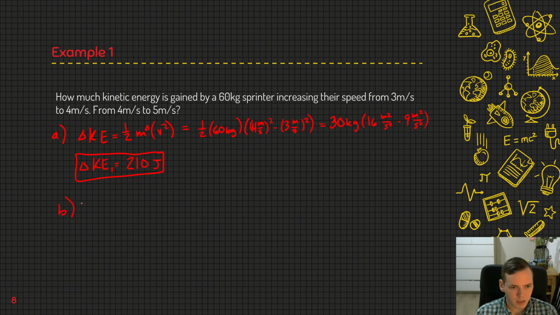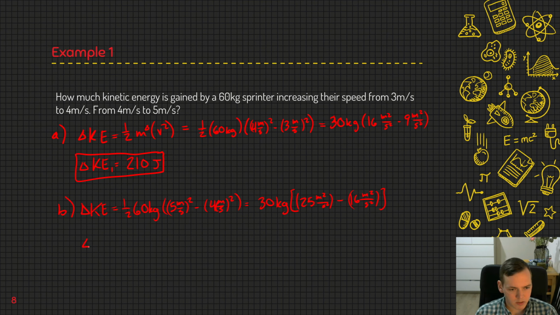And for part B, delta KE is going to equal 1/2 of 60 kilograms times 5 meters per second squared minus 4 meters per second squared, which is equal to 30 kilograms times 25 meters squared per second squared minus 16 meters squared per second squared.